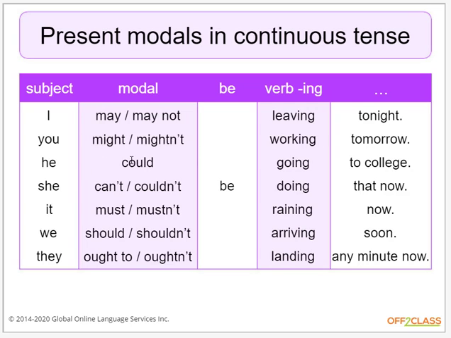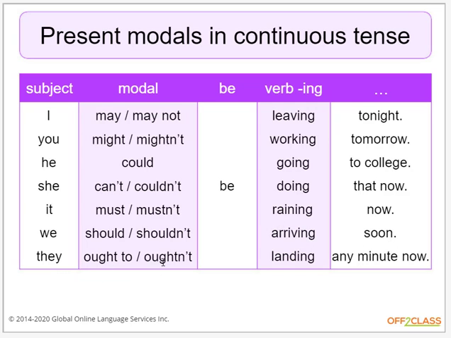He could be going to college. She can't or couldn't or could not be doing that now. It must or mustn't or must not be raining now. We should or should not be arriving soon.